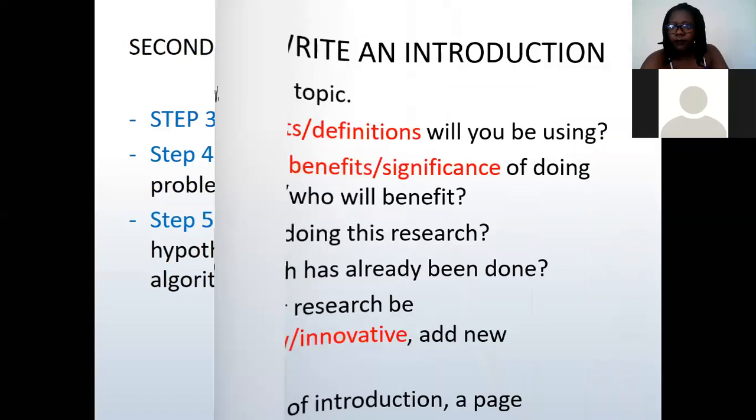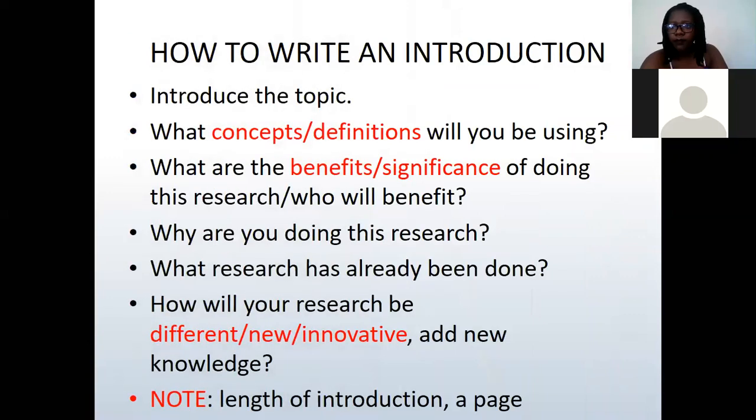So I'm going to start on how learners could write an introduction in their research. Every project must have an introduction. Every research project should have an introduction, and this is how learners could do it. The first part of the introduction, the learner must introduce the topic.